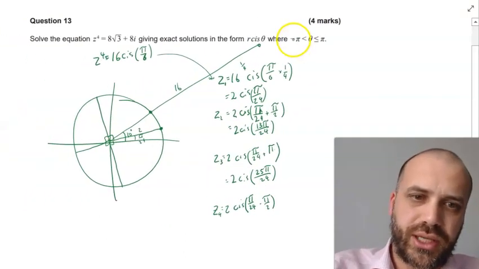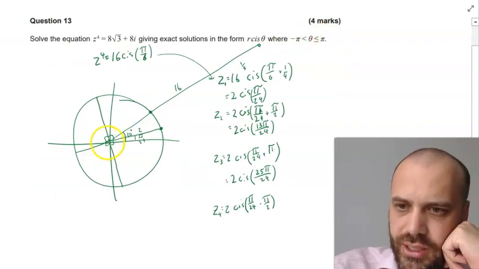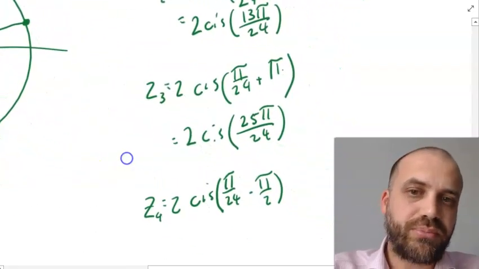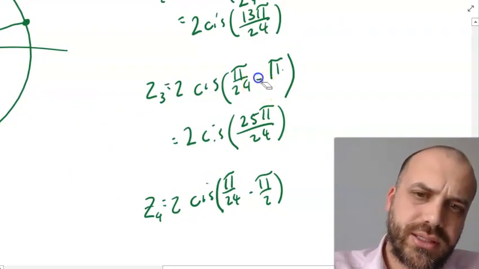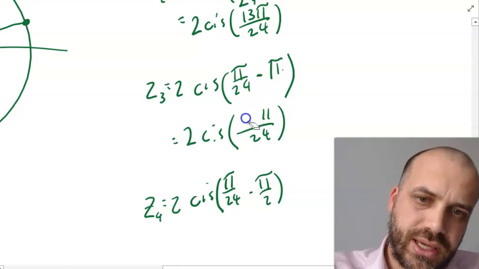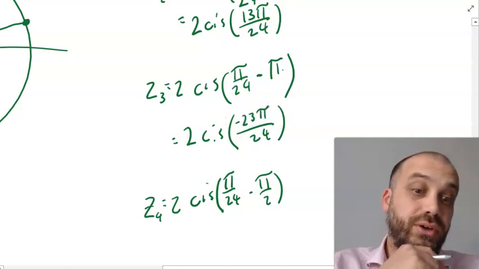But I don't like that because my arguments are supposed to be between negative pi and pi. And you can see that solution there, the one I'm doing right now, is right there. So 25 pi on 24. I make my life a little bit easier if I do a subtraction there, because then this comes out to be negative 23 pi on 24.